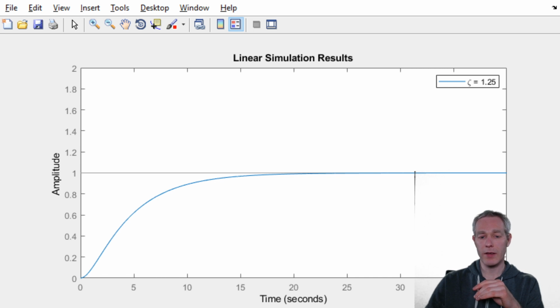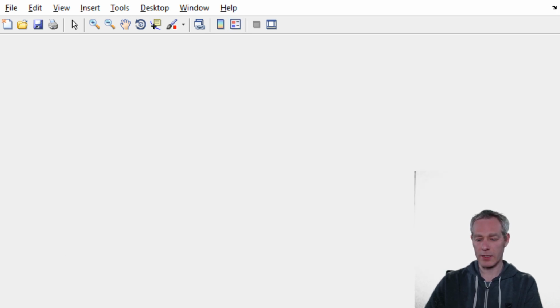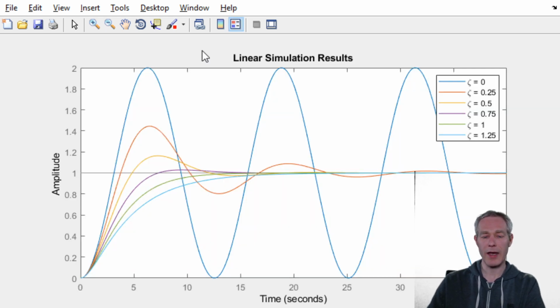Now, let's plot these all together, and then we can see the different behaviors side by side. So we have our undamped in blue all the way past our critically damped in a sort of green, and our overdamped in a light blue.